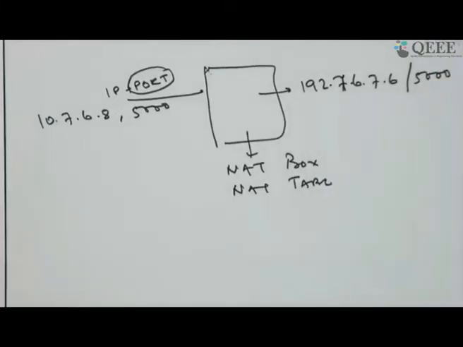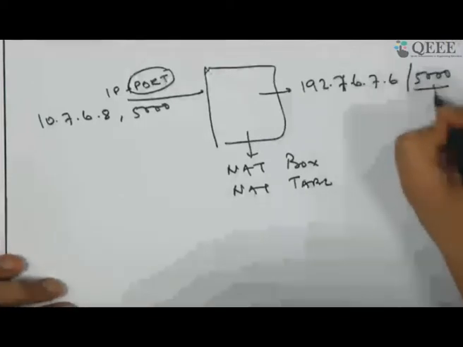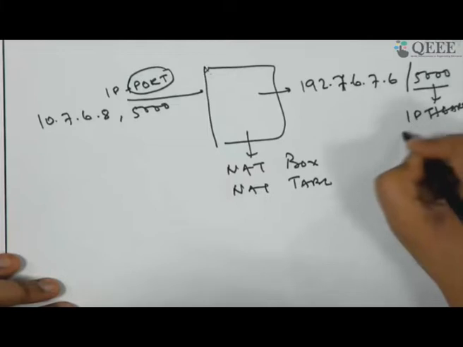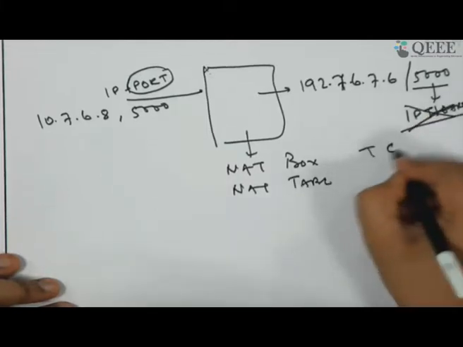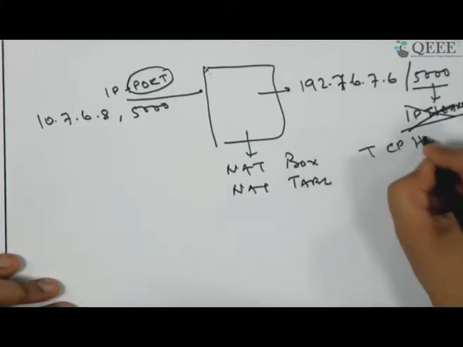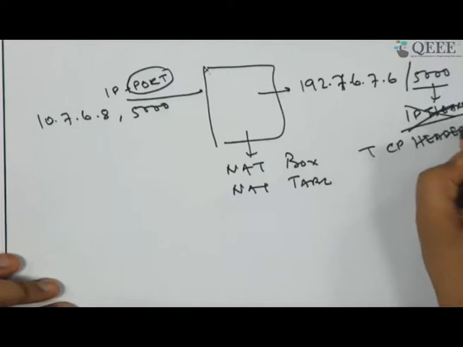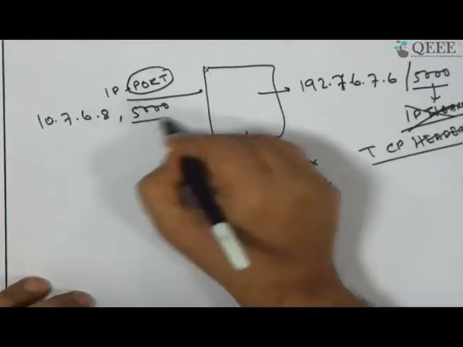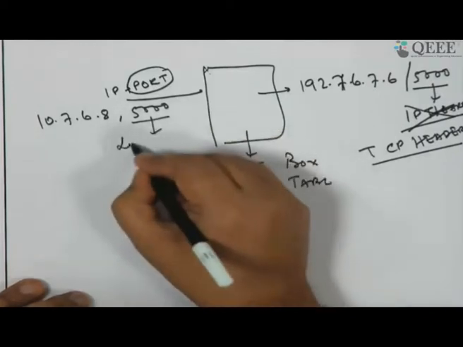Okay, port number 5,000. Although this port number doesn't stay in the IP header, it stays in the TCP header or UDP header, whatever you say, the upper level header, but still you can do this. What is the difficulty of doing this? What is the problem of doing this? That what is 5,000? 5,000 is the source port.